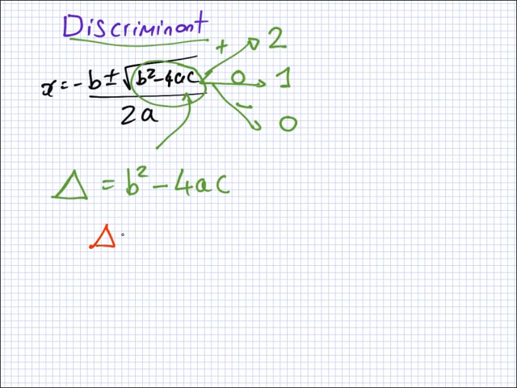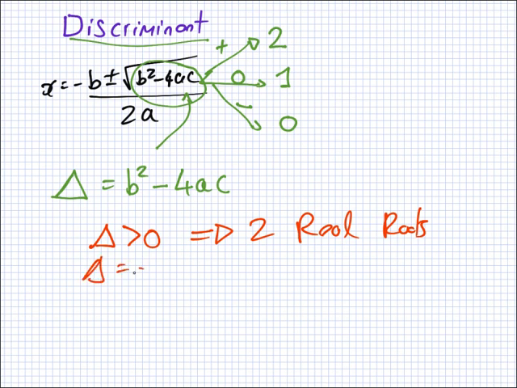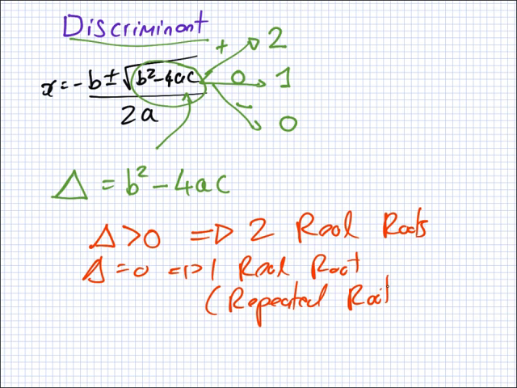If the discriminant is positive, then that means 2 real roots. If the discriminant is 0, that means 1 real root. Or, if you want to think about it this way, they're 2, but they're the same. Sometimes people call this a repeated root, meaning it's 2, but they're both the same.